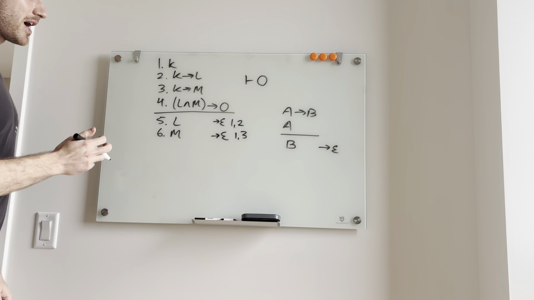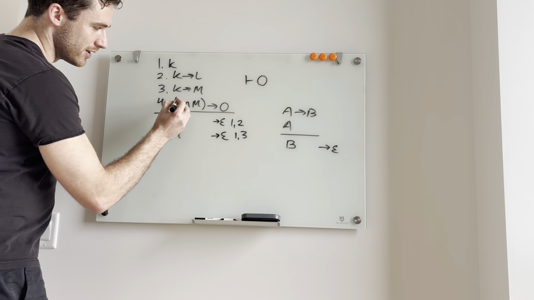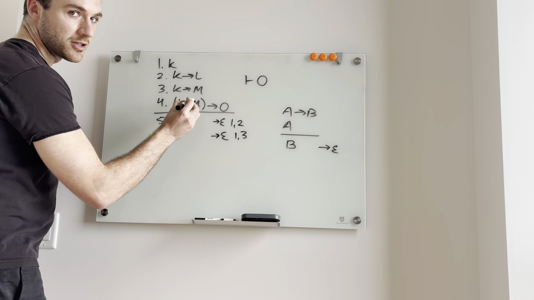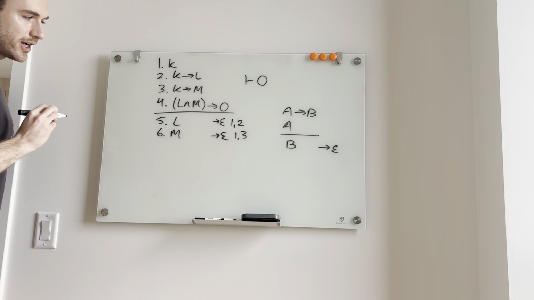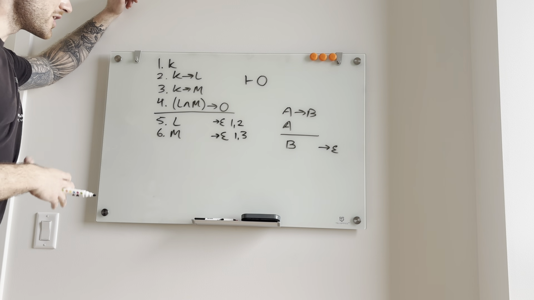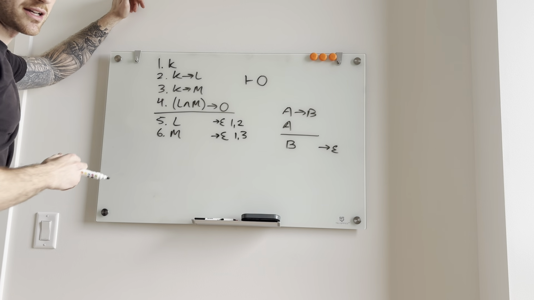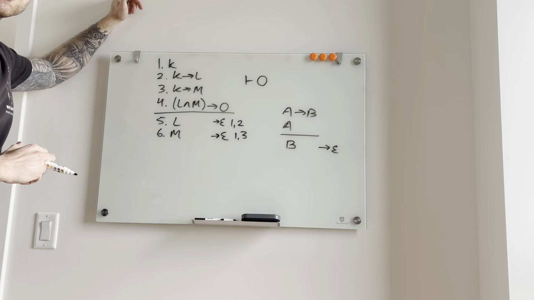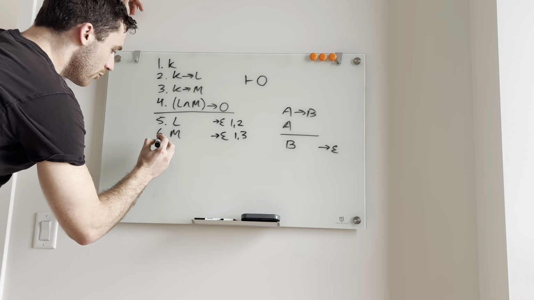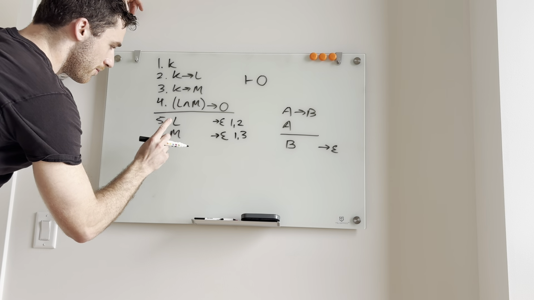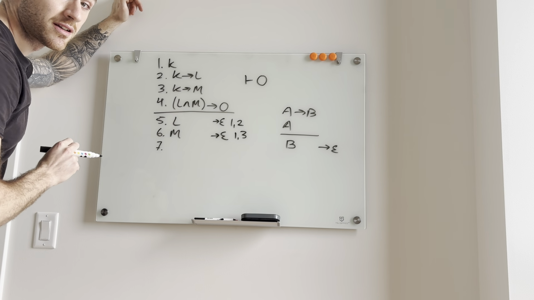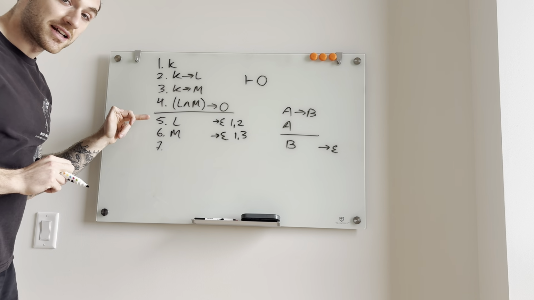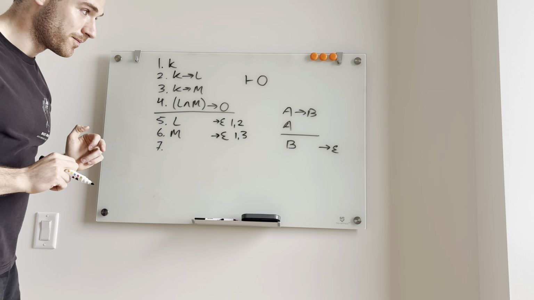What would we need for that? We would need this first sentence to be true, right? So then we can ask, okay, well, is this first sentence true? We don't have it written down yet, but we can make it true by looking at lines 5 and 6. I've proven L and M separately, right?